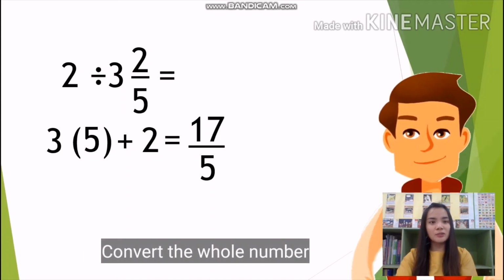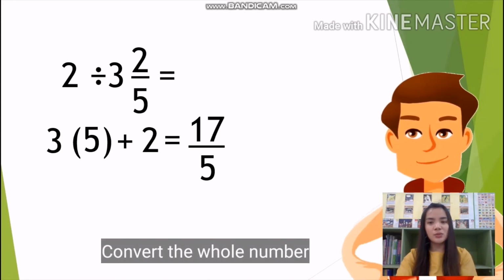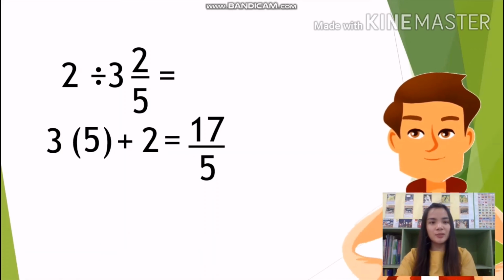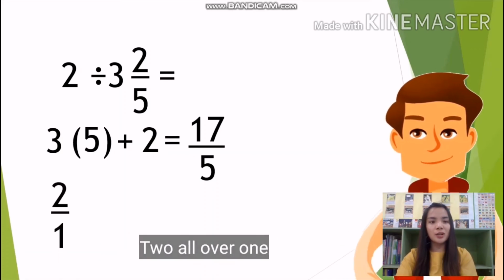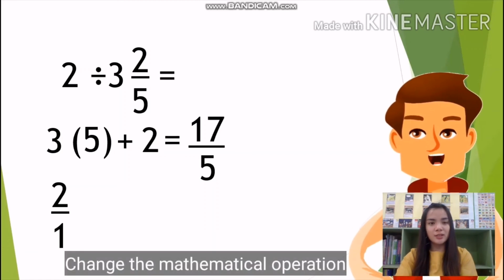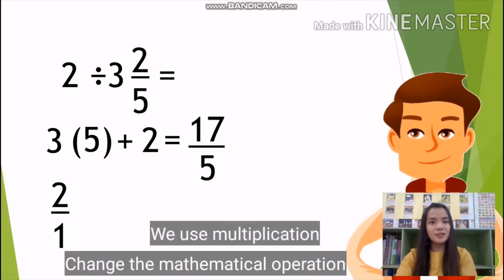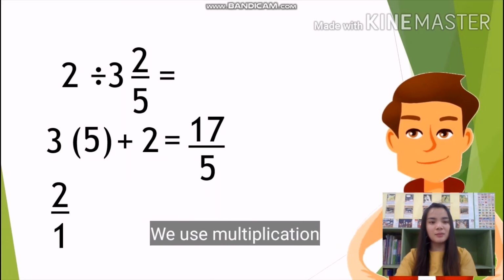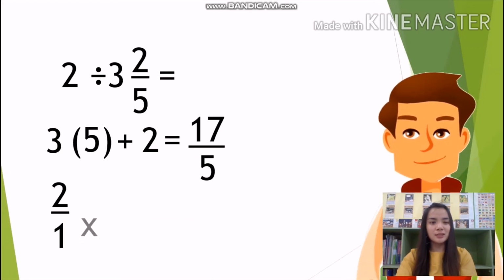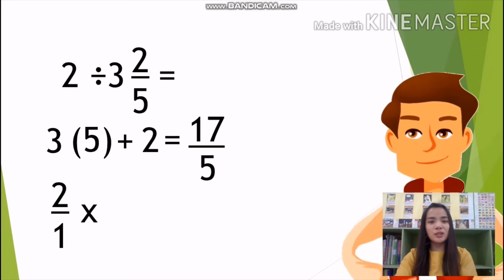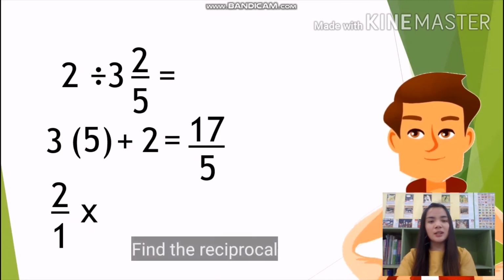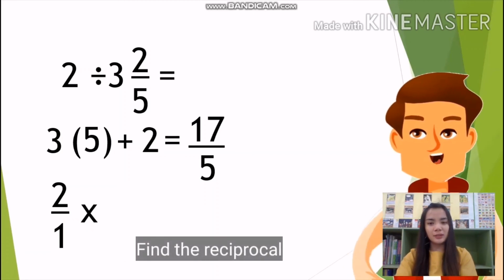Next step, we convert our whole number into an improper fraction. So we have 2 over 1. Then we change our mathematical operation. So instead of division, we make it as multiplication. Then we need to find the reciprocal of 17 all over 5.